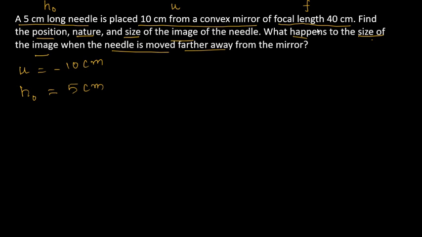For a convex mirror, the focal length is on the other side, because a convex mirror is a diverging mirror. So the focal point is on the right side, so it should be mentioned as positive. F is equal to 40 centimeter. Why? Because the focal point will be on the right side of the convex mirror.